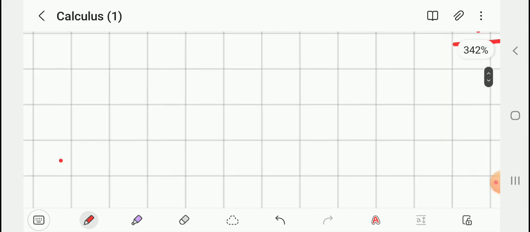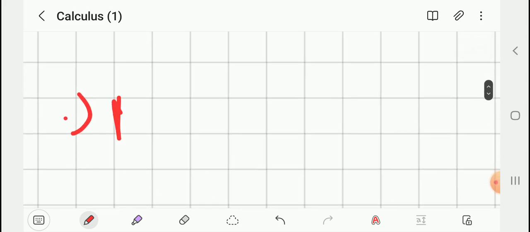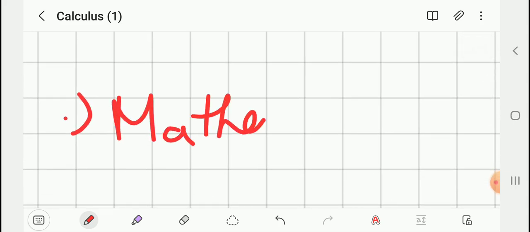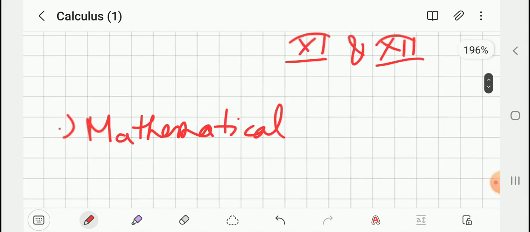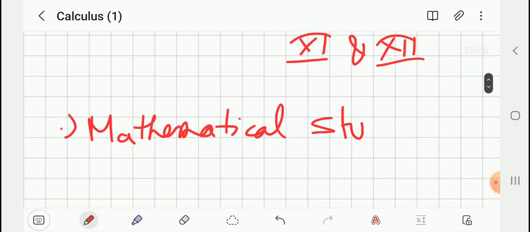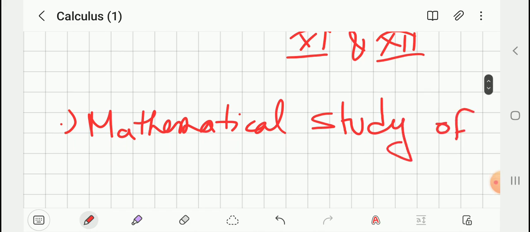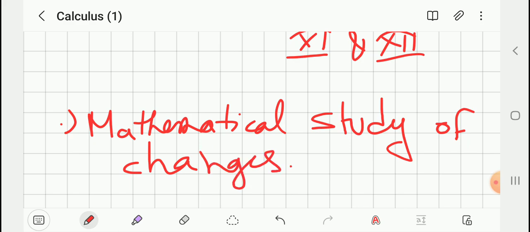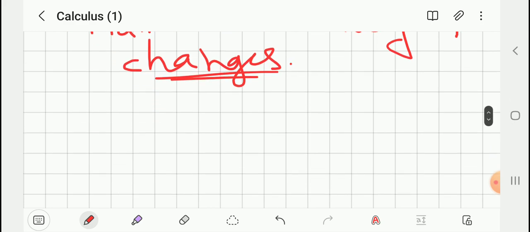So what is calculus? It is the mathematical study of changes. Changes means it can be any change. They are of two types.